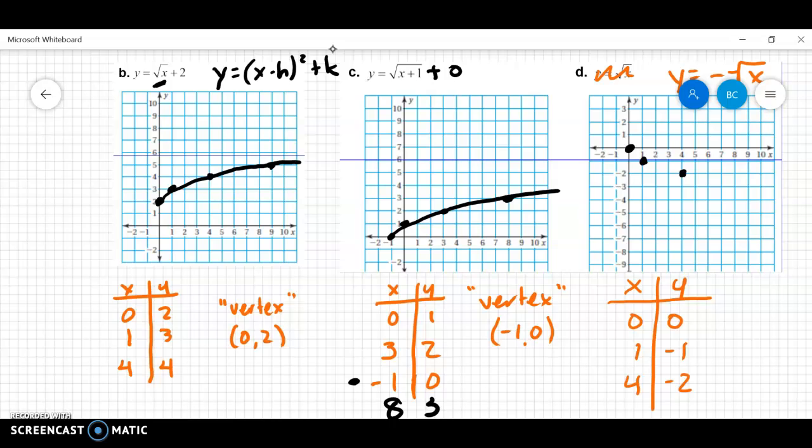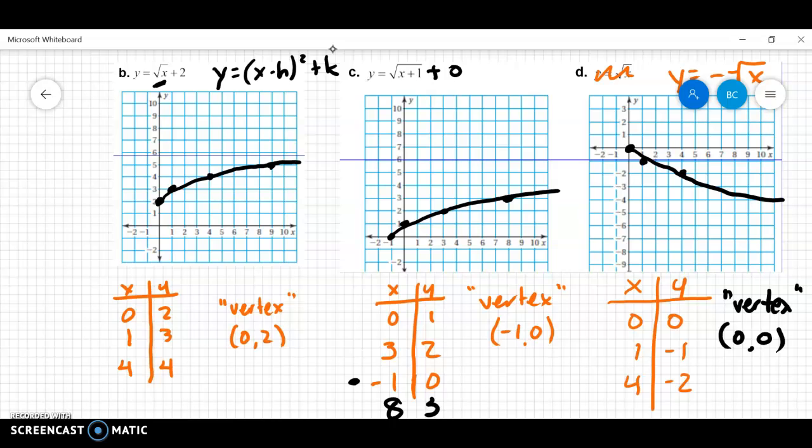So just like with a parabola where the negative a turns the whole thing upside down, this creates that mirror reflection on the lower part of my graph. So again, if I were thinking of calling this beginning point a vertex, my vertex in this case would be 0, 0.